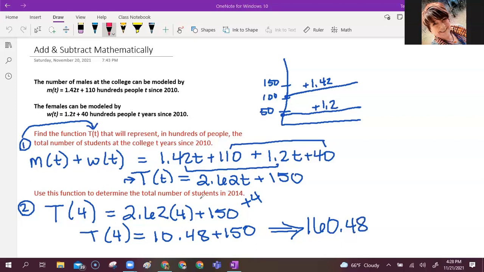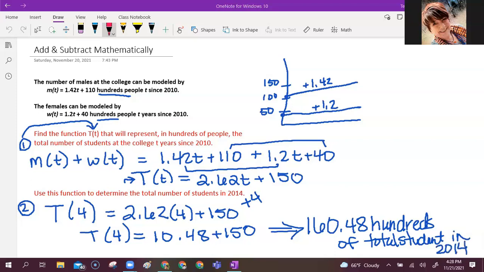And don't forget what they told us. Don't forget that this was hundreds of people. So it's 160.48 hundreds of total students in 2014.